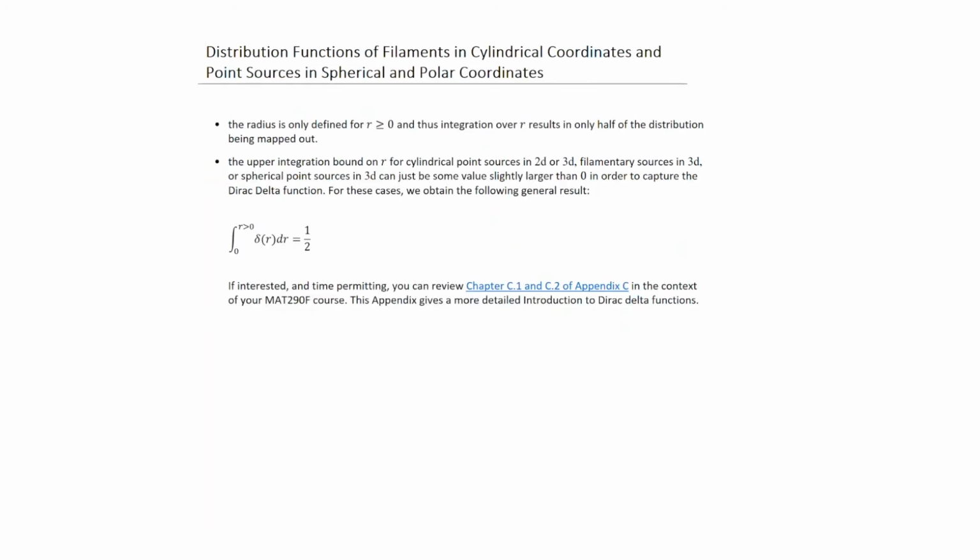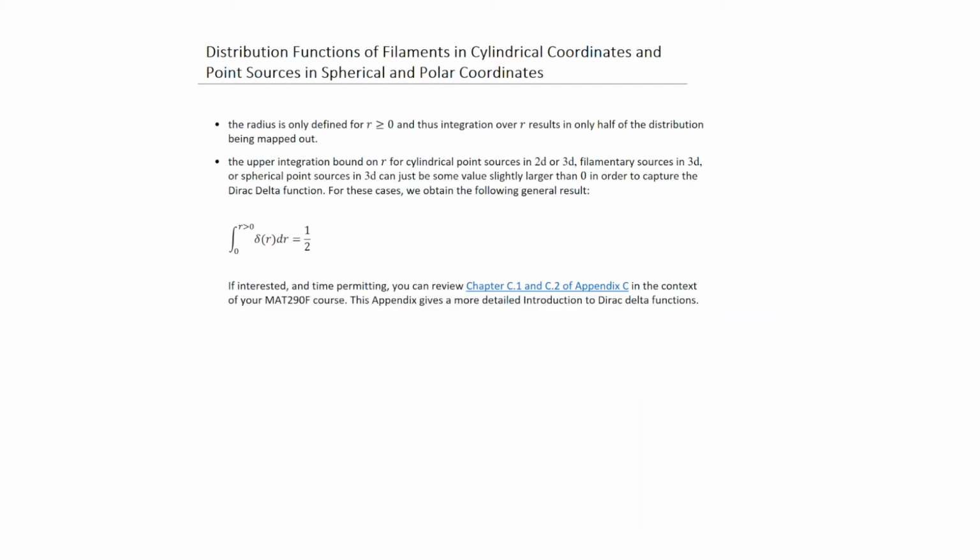Okay, so let's look at specific objects such as filaments in cylindrical coordinates and point sources in spherical and polar coordinates. We'll also look at these things in Cartesian coordinates, but in particular be interested to see how they differ when you move to a different coordinate system.